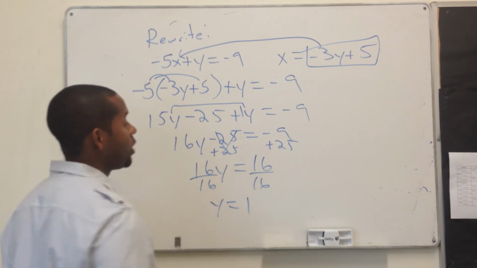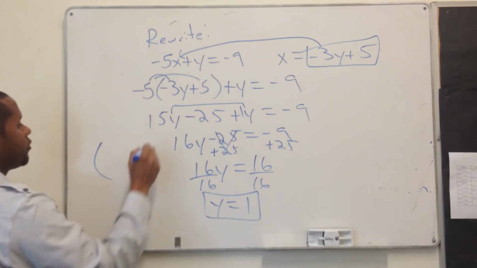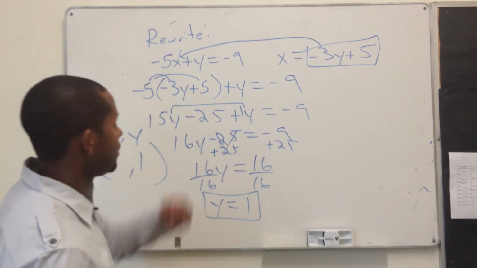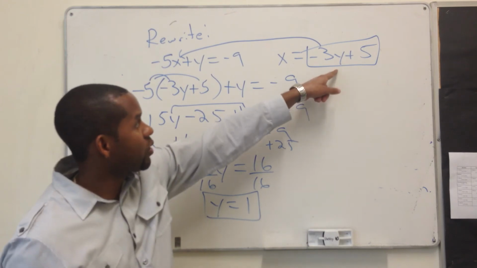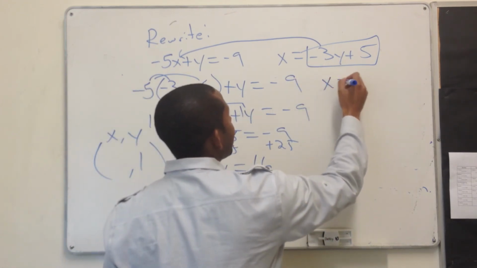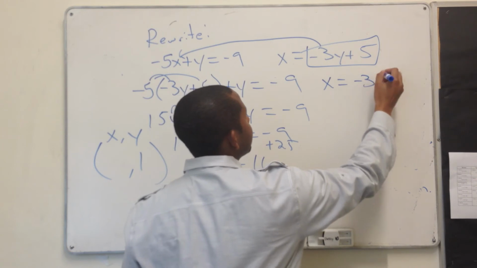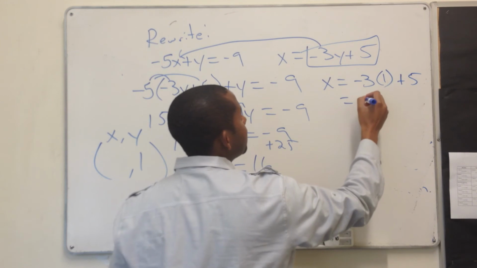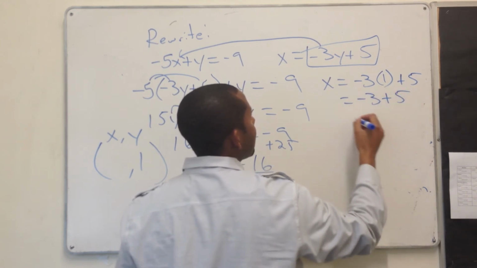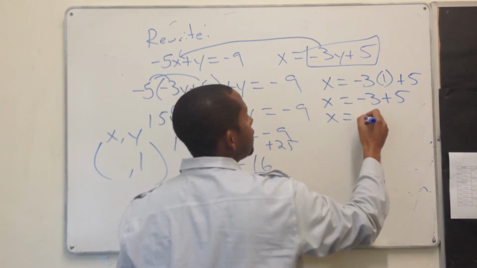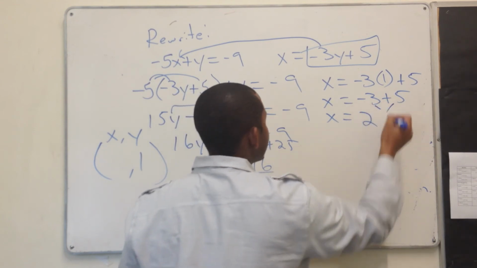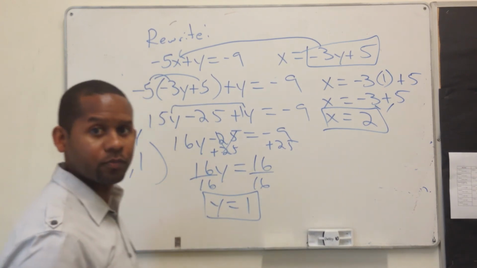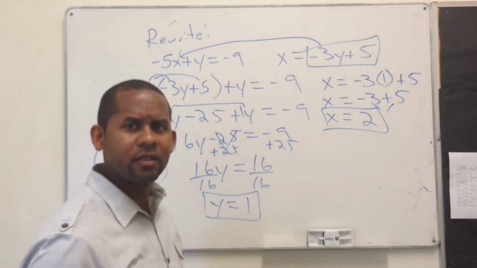I get y equals 1. Now, look how simple this is. If I know y equals 1, let me plug it in right here. X equals negative 3 times 1, plus 5. Negative 3 plus 5 is 2. So y is 1, and x was 2. There's my entire problem done.